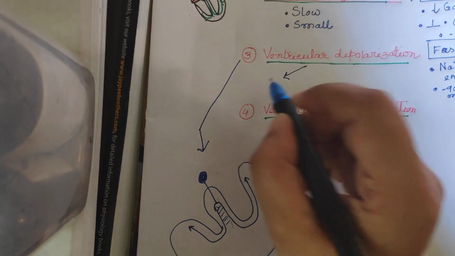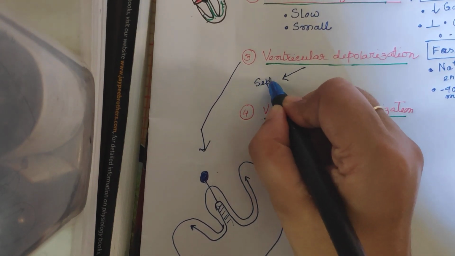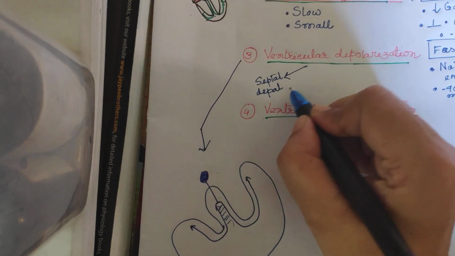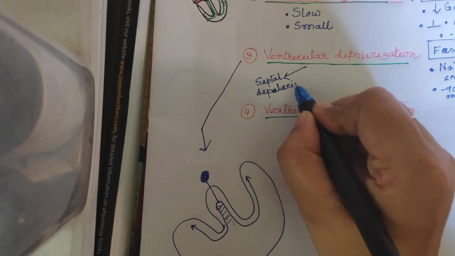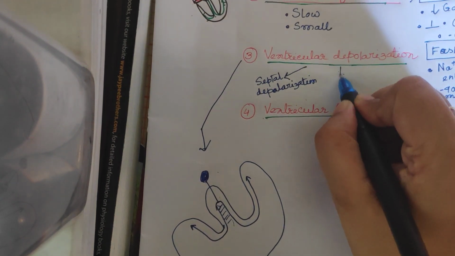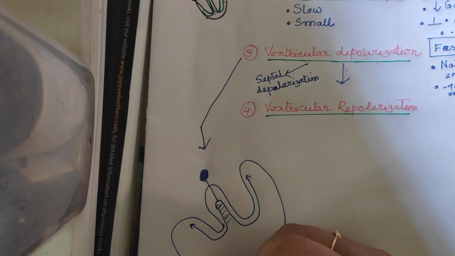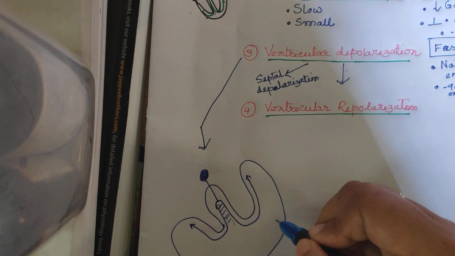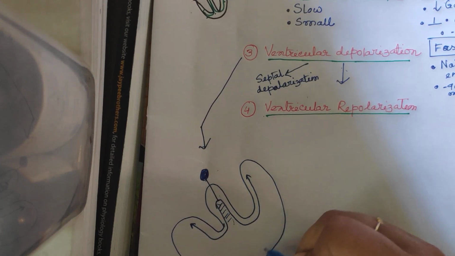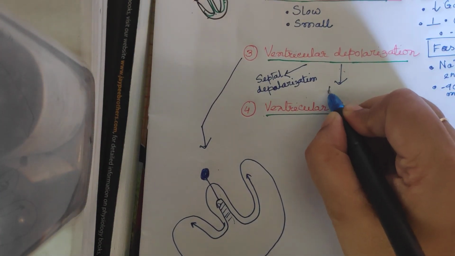So first electrical activity is septal depolarization. Followed by major ventricular depolarization. So when the septum is depolarized, the major ventricular part will undergo depolarization.